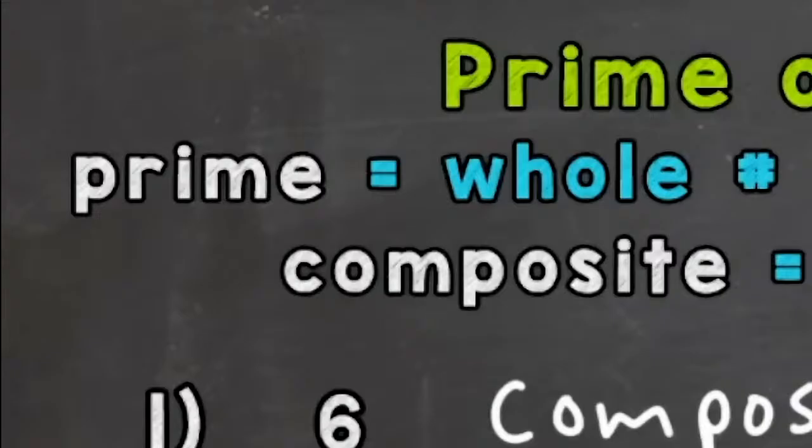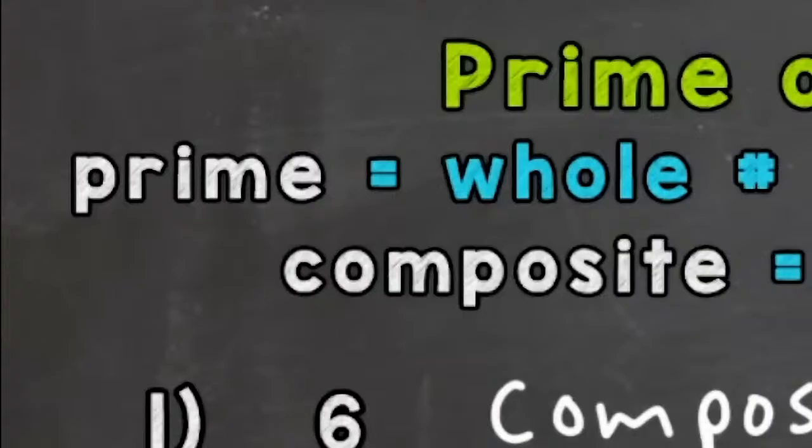I'll put a C here because we know 1 times 18, 2 times 9, 3 times 6. So we have a lot of different factors there. So composite. 9, well, 1 times 9 is 9, and we can also do 3 times 3. So we have 3 factors for 9, and that means it's composite because it's more than 1 and itself.